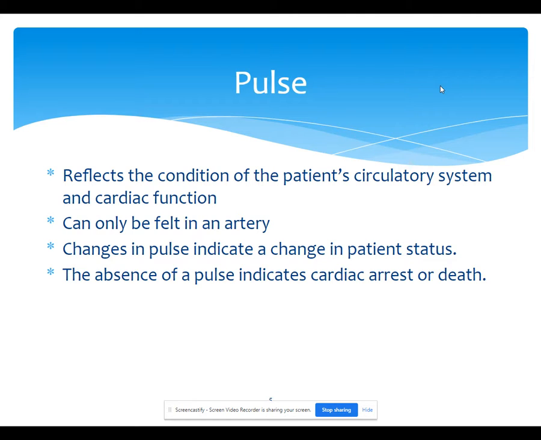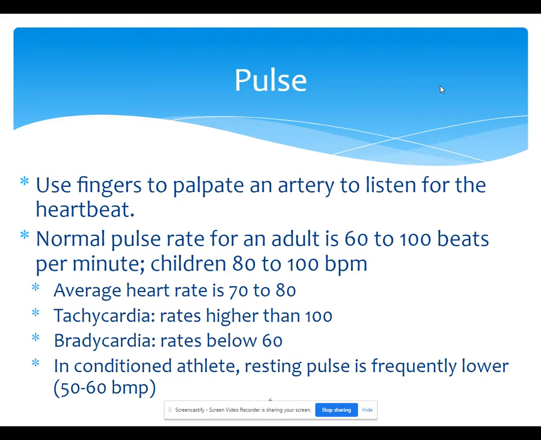So for example, a rapid but weak pulse can indicate shock, bleeding, diabetic coma, or heat exhaustion, but a rapid and strong pulse might indicate a heat stroke victim or severe fright or pain. A strong but slow pulse may indicate a skull fracture or a stroke, and an absence, like I said, is arrest or death. So pulse equals heart rate.